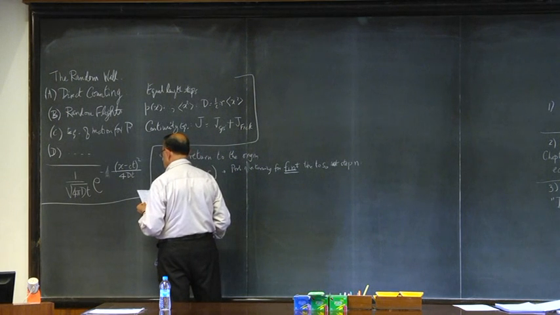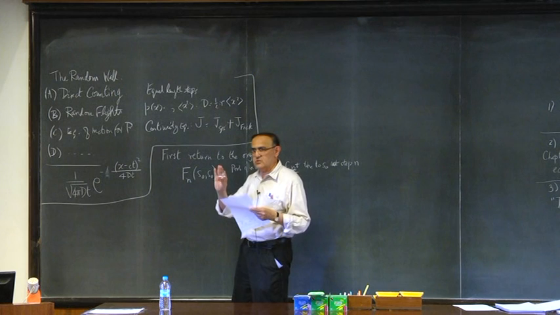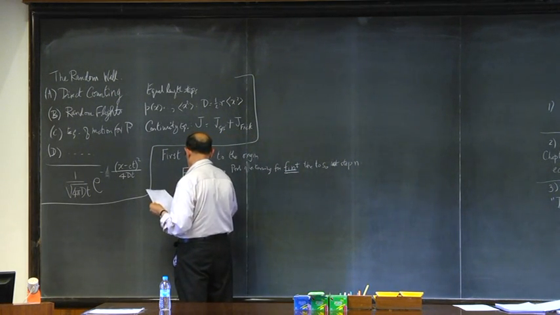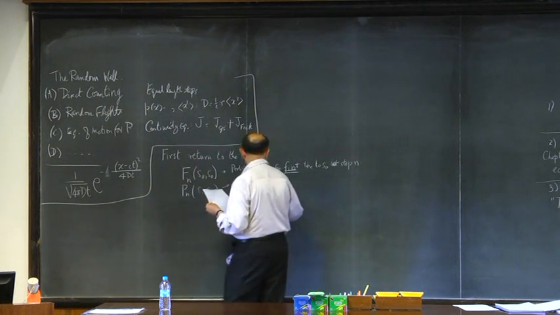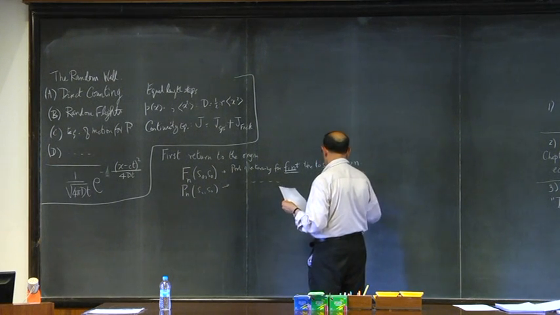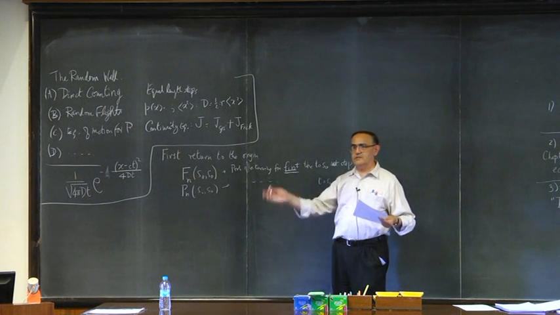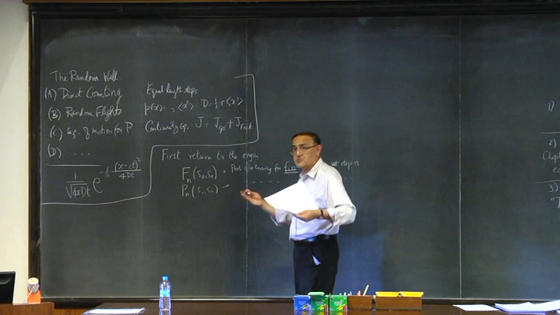I won't go through the full logic. And similarly, we had a Pn of S0, S0 being the probability of returning to S0 at step n, but not necessarily for the first time. That is the normal return. Not for first time. I mean, not necessarily for first.